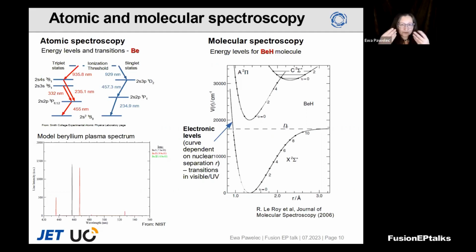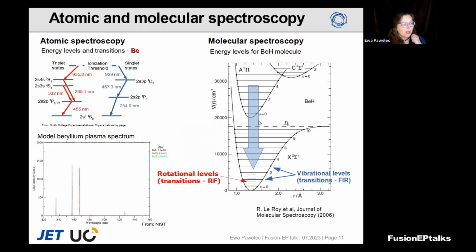Also, the nuclei are moving within the molecule, so the energy of such a molecule is changing all the time. Those energy levels are then not one energy, but an energy that depends on the separation of the nuclei. And this is the wavelength separation that gives rise to the visible light.